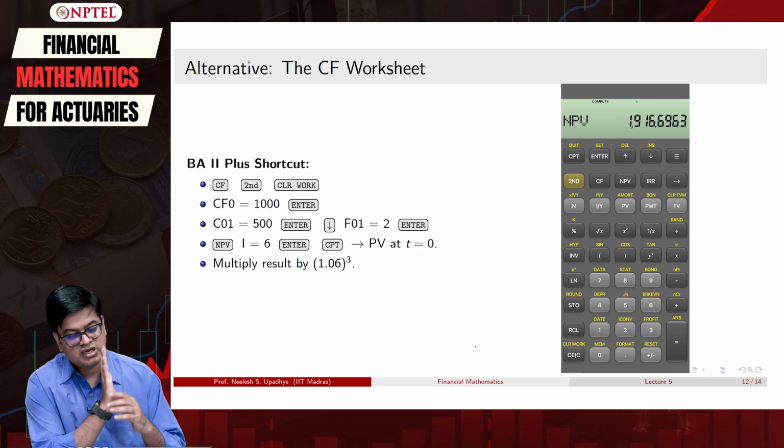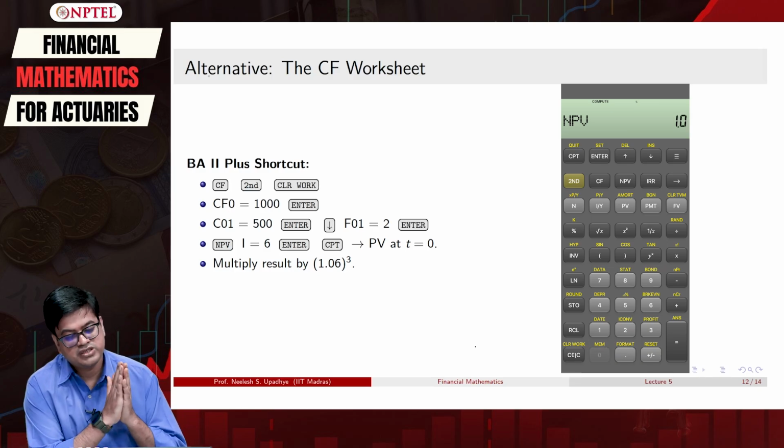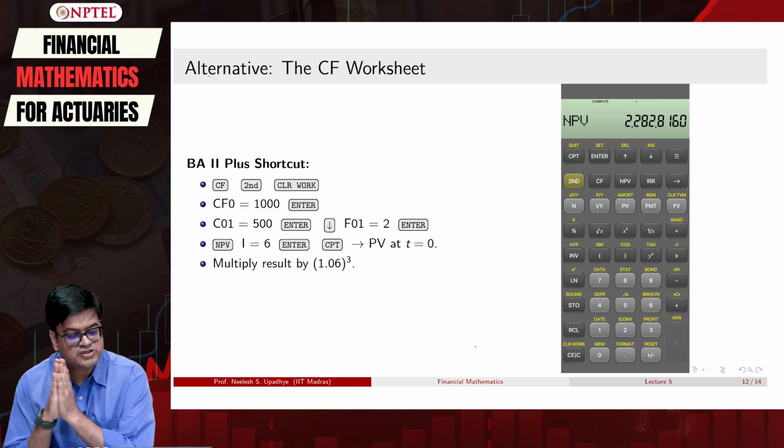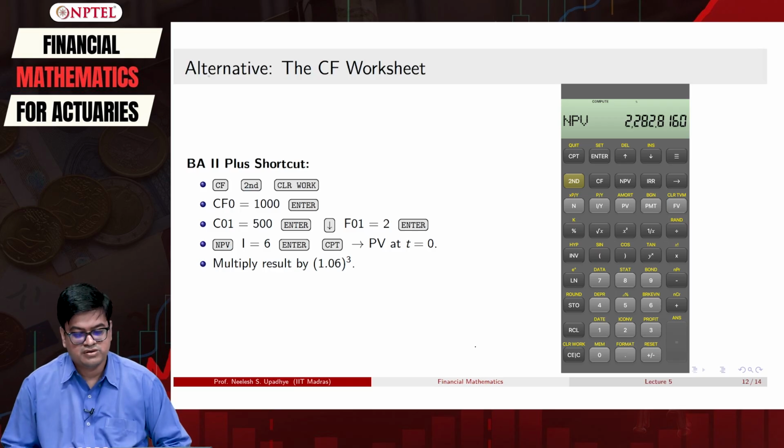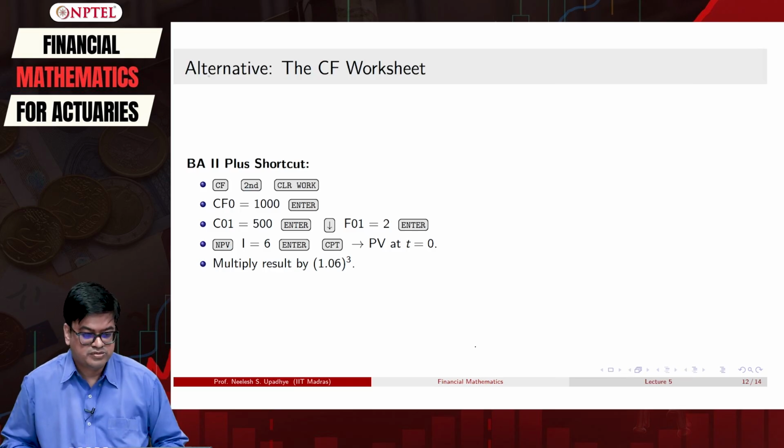Then you multiply your answer with 1.06 raised to 3, which will give you the accumulated value. So now I hope the calculation is clear to you.